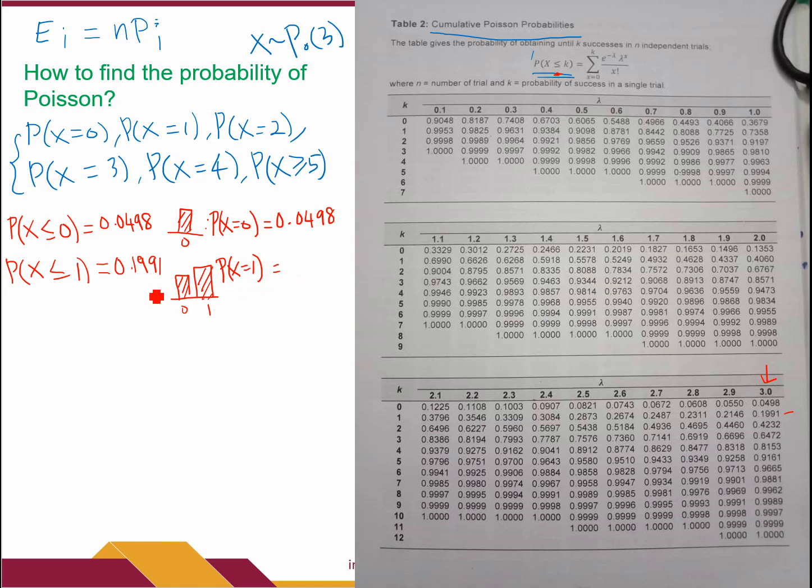We have to minus the probability of 0 from the total of 0 and 1. So 0.1991 minus 0.0498, which is equal to 0.1493. Actually, you can do this more fast. However, I will show you one by one.